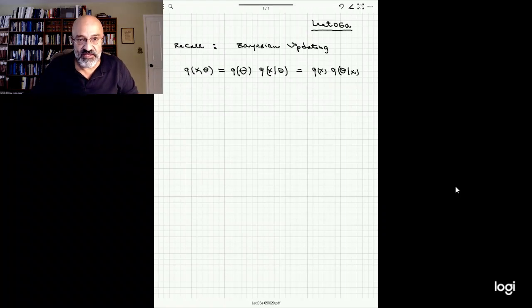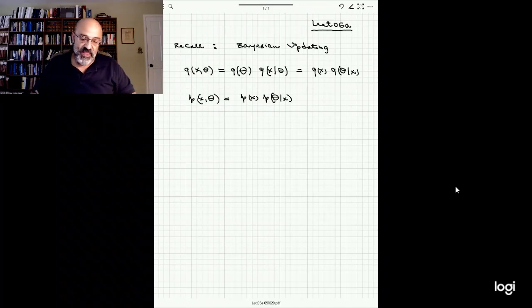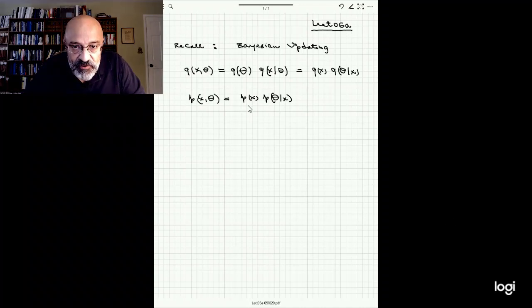Very good. So where does the updating happen? The updating happens when we realize that what we are interested in is the joint posterior, which we can write as the probability of x multiplied by the probability of theta given x. And the updating starts happening when we realize that we collect data x prime.